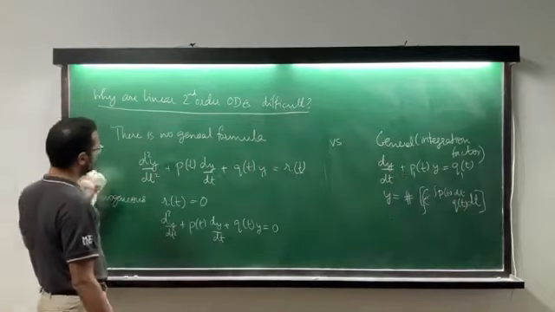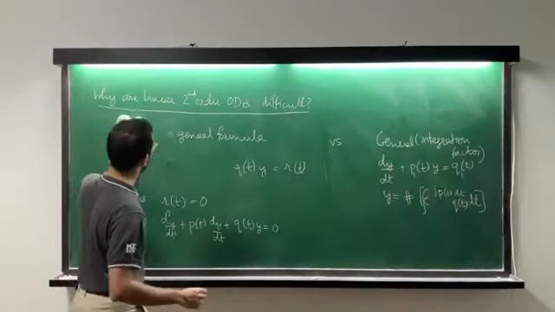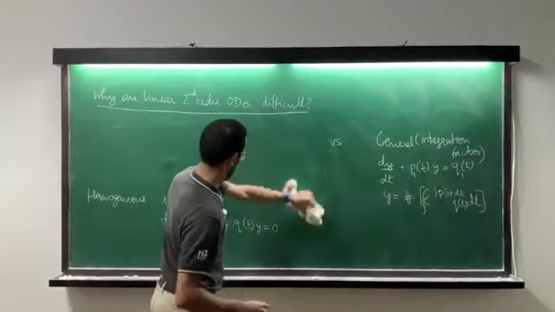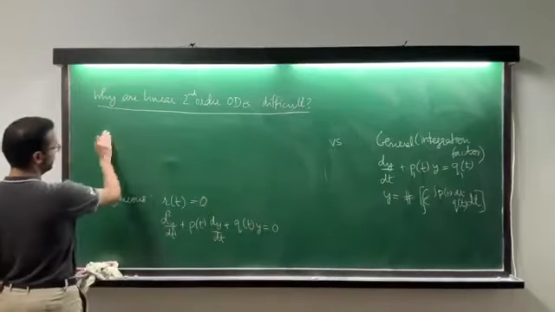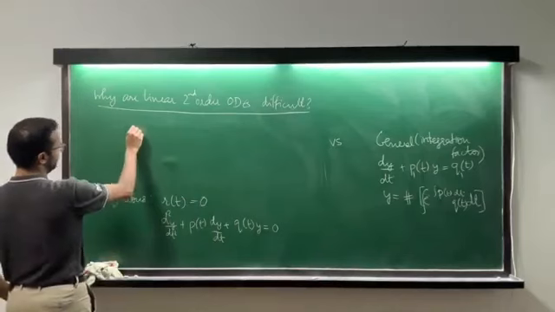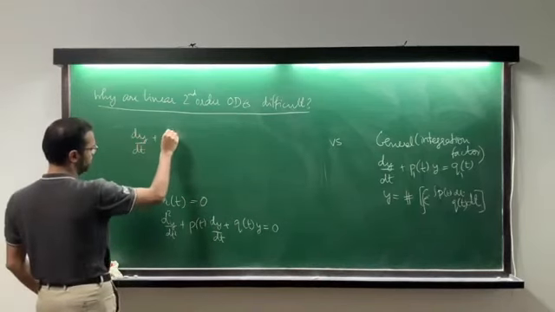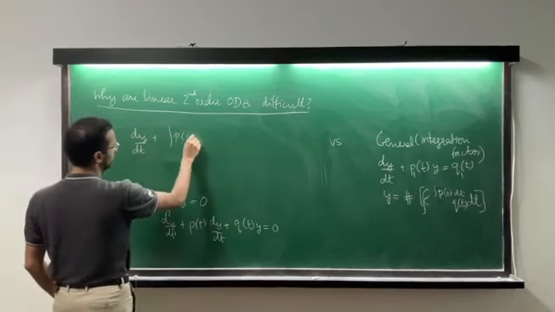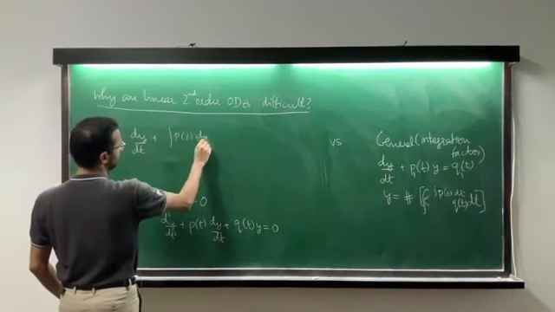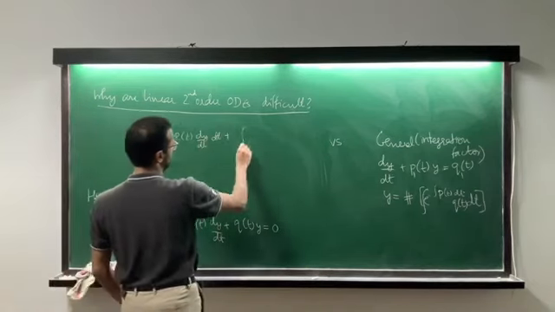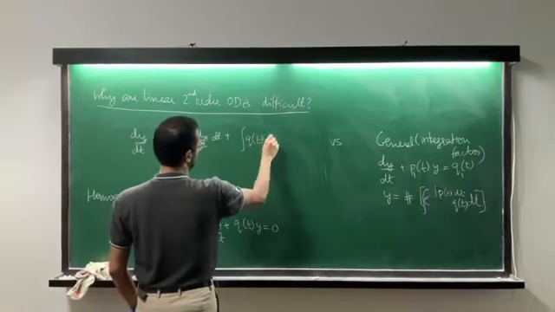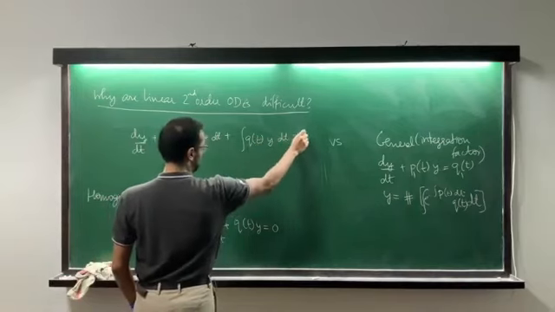If you try that, then you integrate term by term, you will get dy by dt plus the integral of p of t dy by dt dt plus the integral of q of t y dt equals 0.